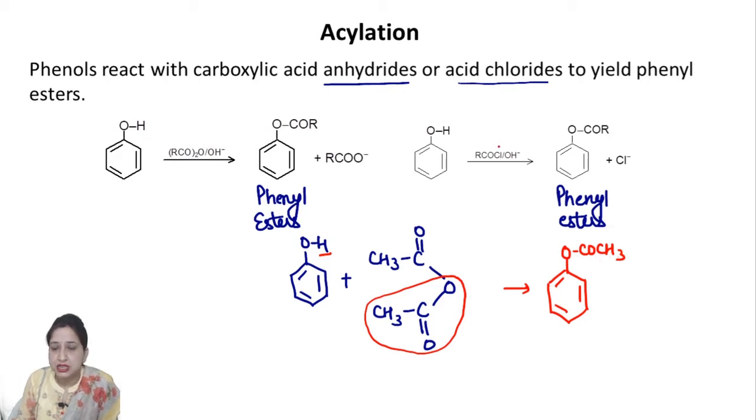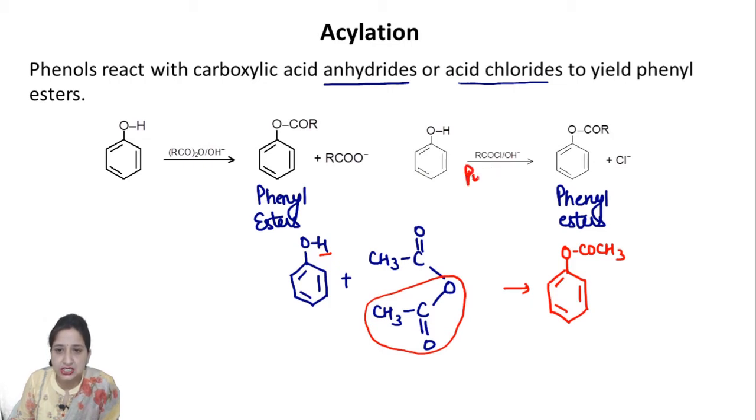Okay. Similar reaction can also take place with acid chloride, where again H from here and Cl from here will be removed and we will get OCOR, again phenyl esters. Clear beta? So the reaction of this phenol with acid chloride takes place in the presence of pyridine.